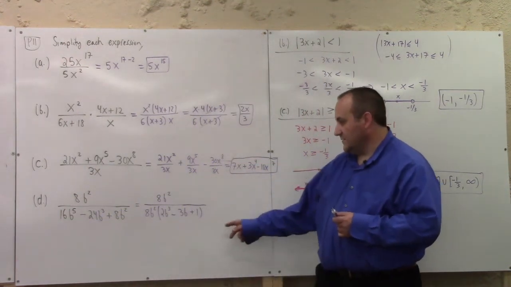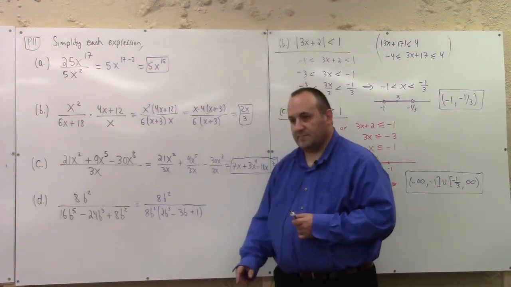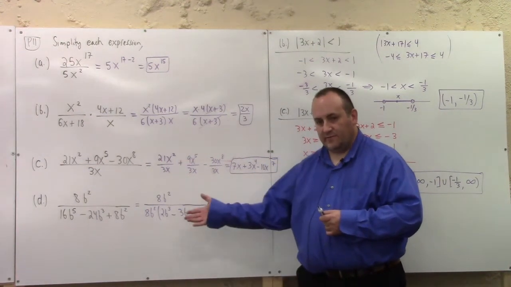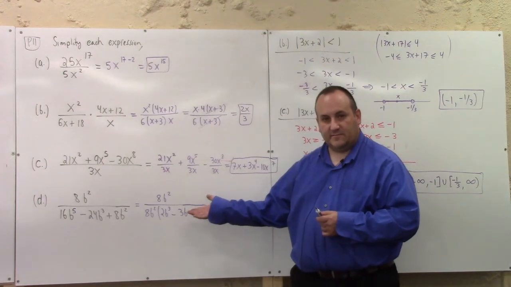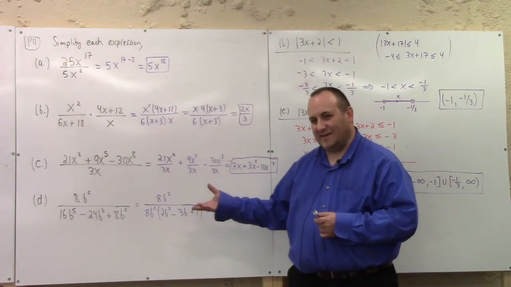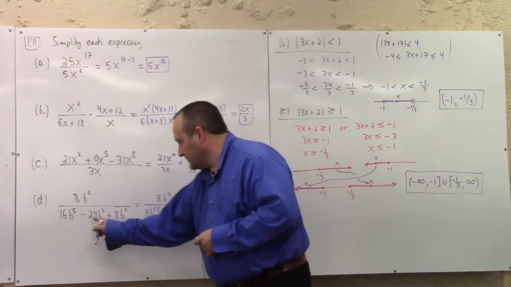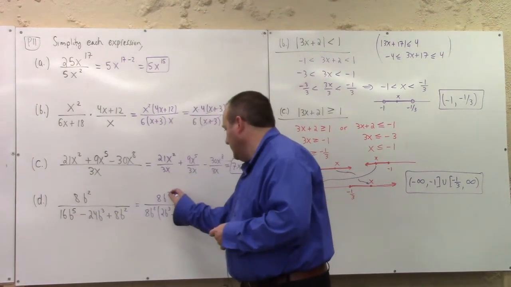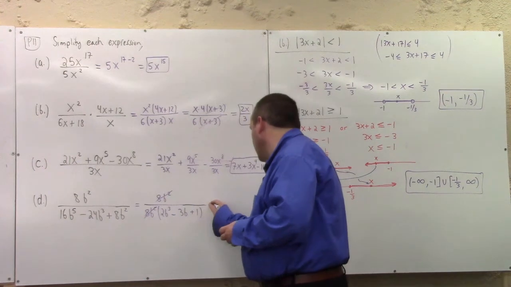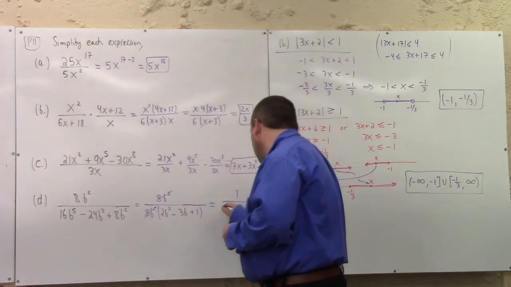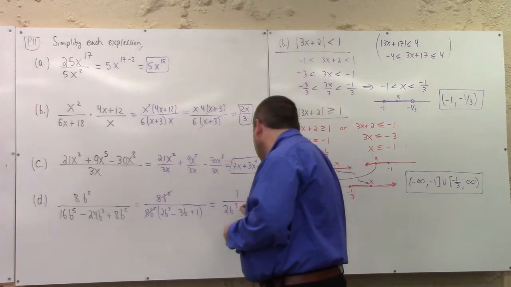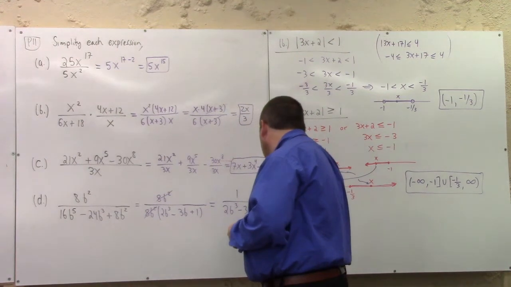So we can factor 8b squared out. Certainly everyone should see we can factor b squared out, right? Whether or not you see the 8, whatever, but certainly everyone can see you factor b squared out of this. So anyway, these cancel. Woohoo! And the answer, 1 over 2b cubed minus 3b plus 1. There you go.